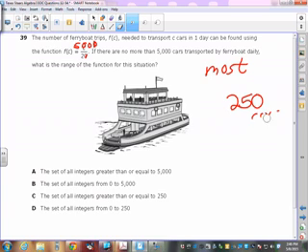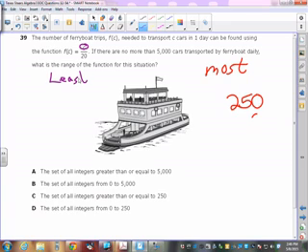Now, some days ferries are closed. There might be a day where that ferry is not open. If no cars are there that day, then there'll be no trips. So the least number of trips they could take would be 0. So the range would be all the integers from here.